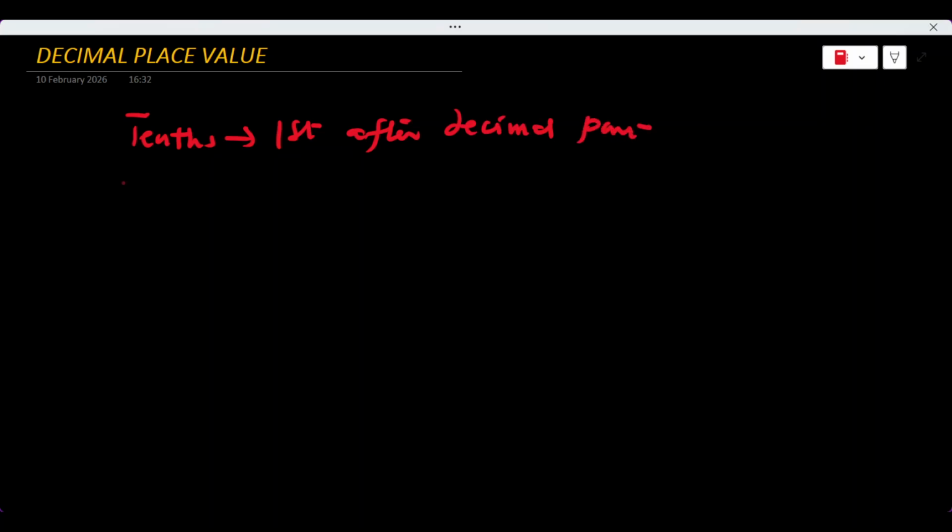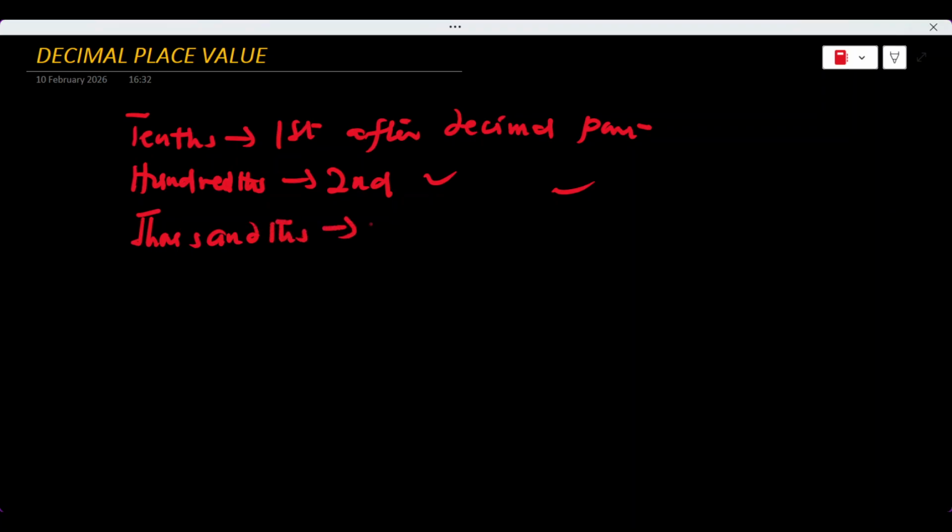Then we have the thousandths as the third digit after the decimal point to the right.